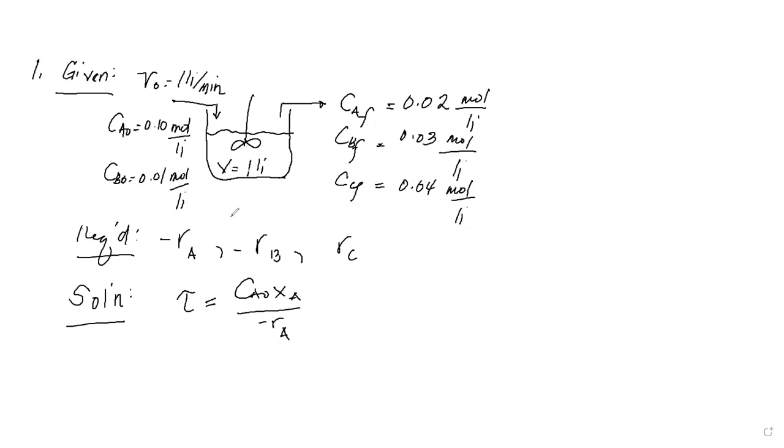Now, this tau, I can change to V over V sub O. You may ask, Miss, why are you changing it to V over V sub O? Because I see a V here and a V sub O here. So I'll place here equal to. Now, based on our basic fundamental discussion on kinetics of homogeneous reaction, what is CA0 XA? CA0 XA represents the what?